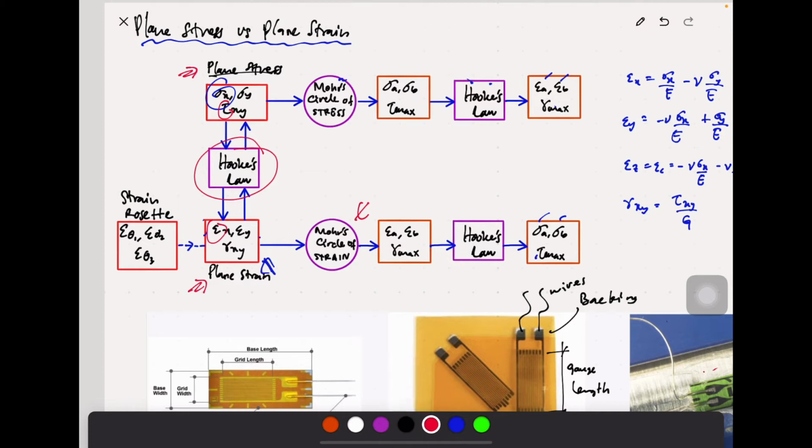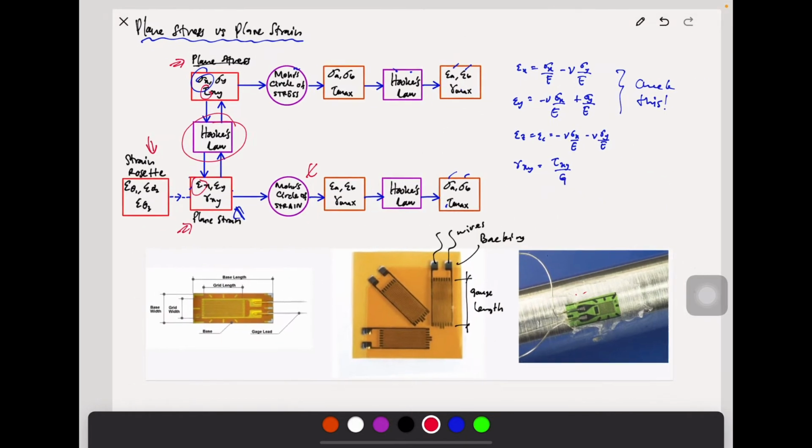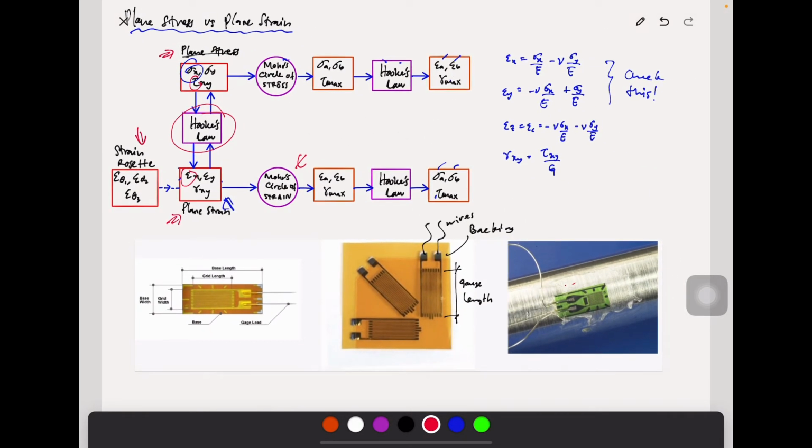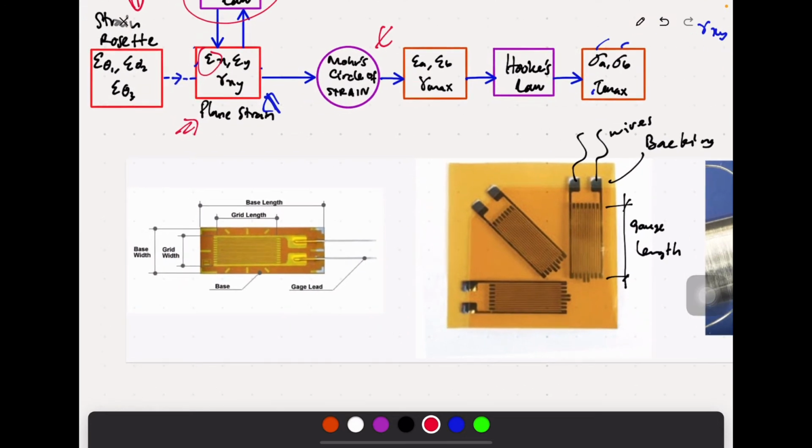The significance of learning strain transformation is what you have right here, the strain rosette. The strain rosette is what engineers use to measure or to calculate or to specify the strength of a material.